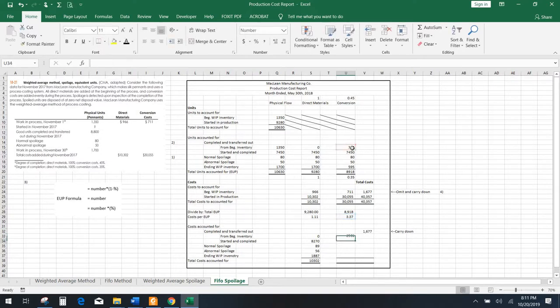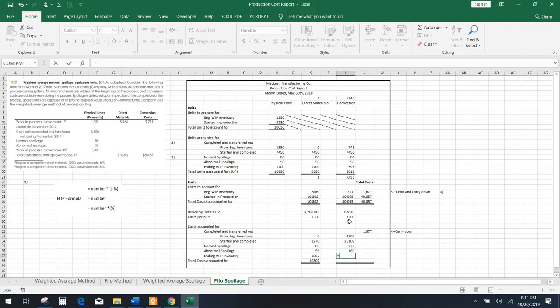This equals cost per EUP multiplied by beginning. This equals cost per EUP multiplied by started and completed. And this equals cost per EUP multiplied by normal spoilage. This equals cost per EUP multiplied by abnormal spoilage.